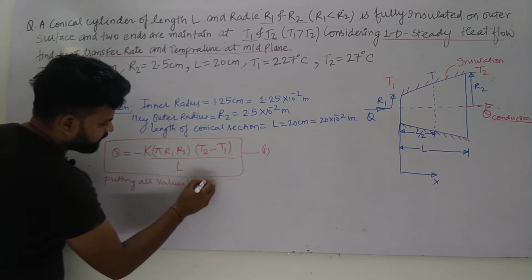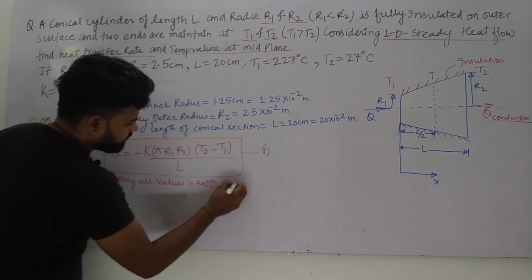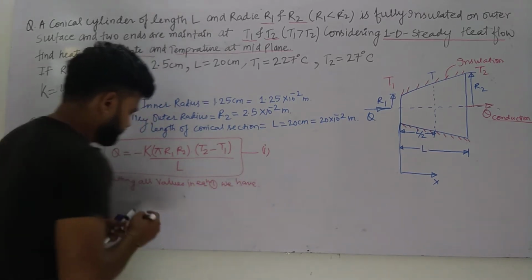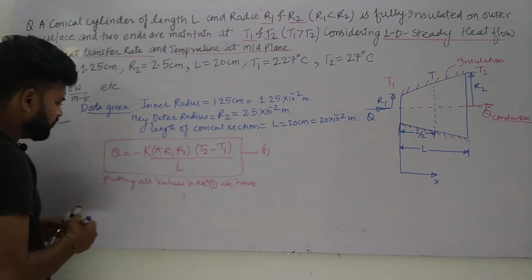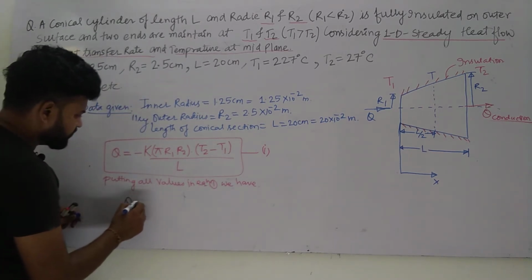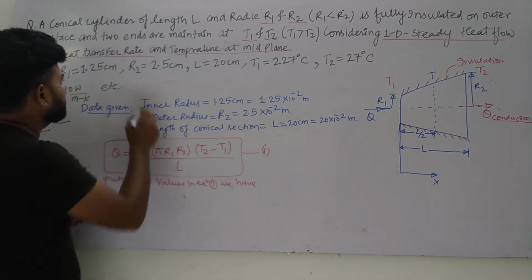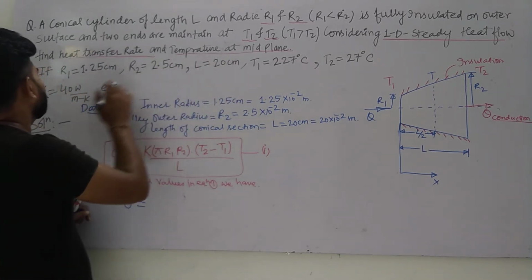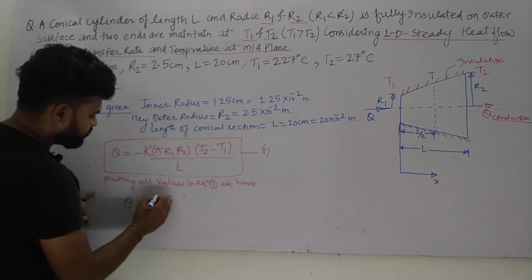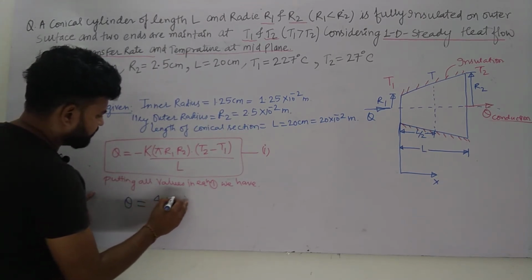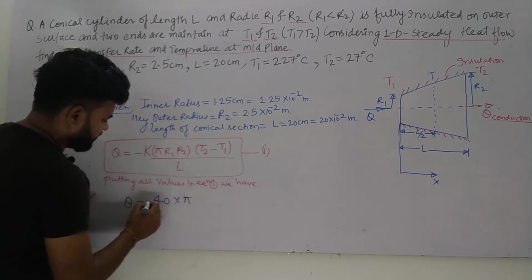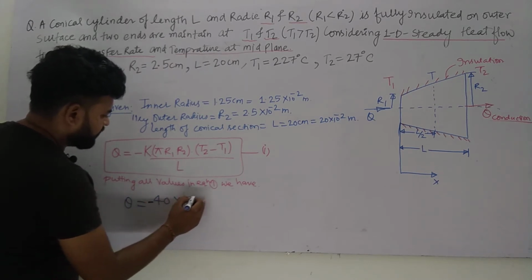putting all values in equation 1, let us see what we have. So let us put all the values and do the calculation. So this will be Q is equal to minus k, that is kappa. How much is it given? So the conductivity is given to be 40 watt, multiplied by pi, and the minus sign is also there, into R1.